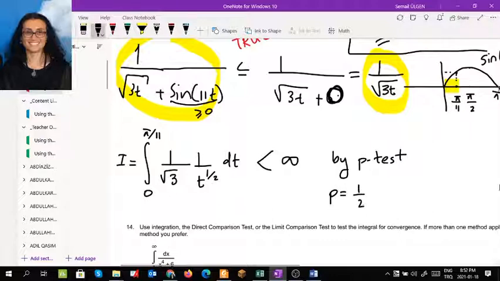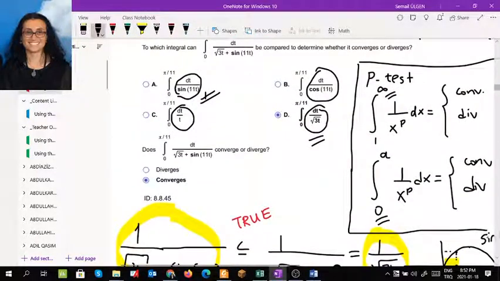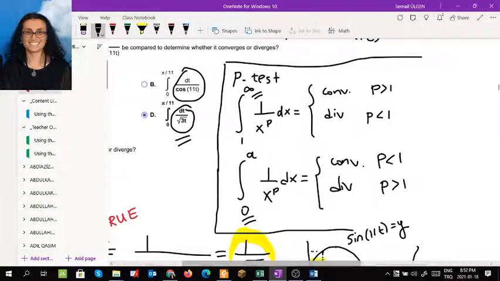If you go back to the rule that I told you about, between 0 and a, the integral of 1 over x to the p is convergent if p is less than 1.